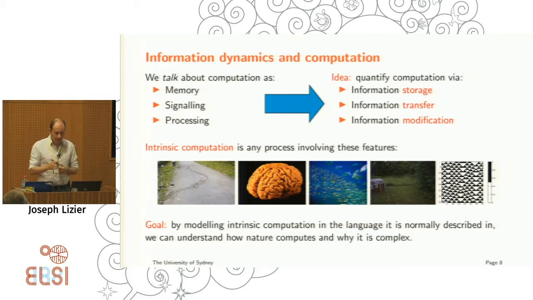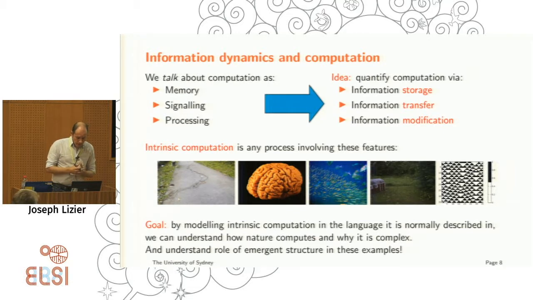If we can do that quantitatively, talking about how information is stored, how it's transferred, and how it's modified, then that should give us a better understanding of how nature computes and why it's complex, and help to use the intuition that we already have from these systems, but take that and make it a bit more quantitative. And for the purposes of this talk, that will hopefully help us to understand the role of emergent structure in these examples as well.